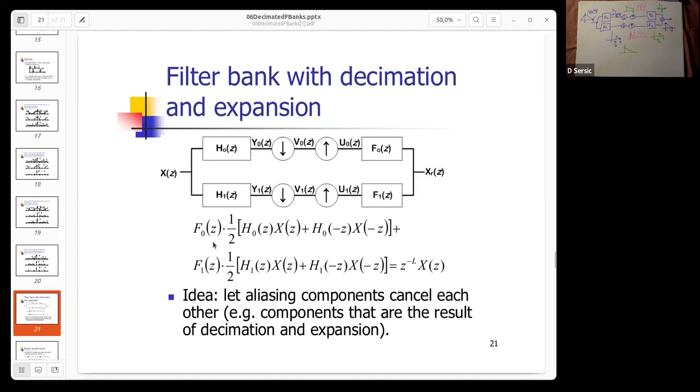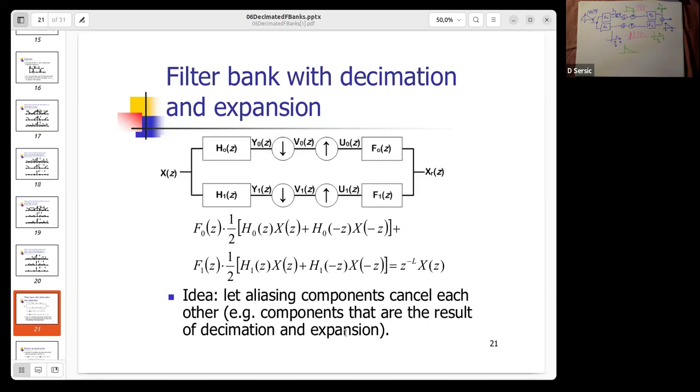So if we put all the equations together, we can see that the upper part here, F0, applies to, let's say, the good term and to the bad term. In the lower branch, the high pass filter applies to the good part and the bad part, the aliasing part, which consists of minus parts. And maybe we can go in our thinking completely in a different way.